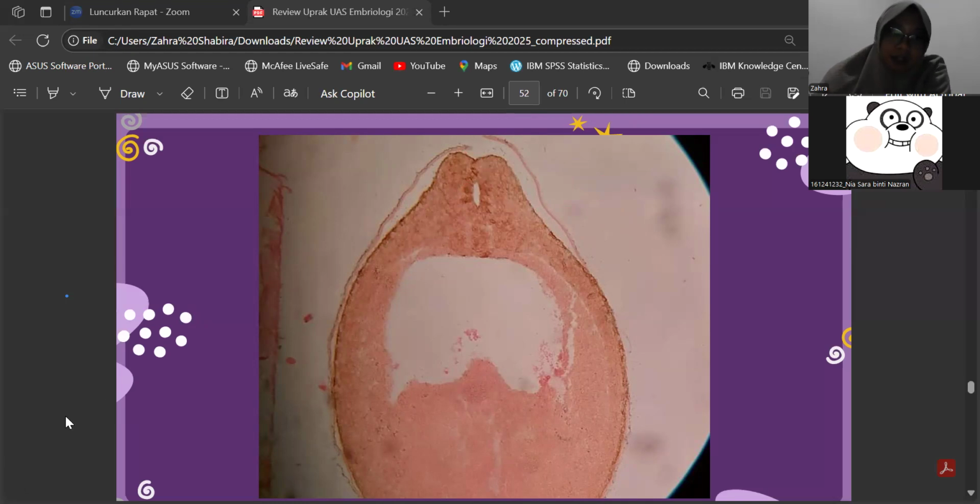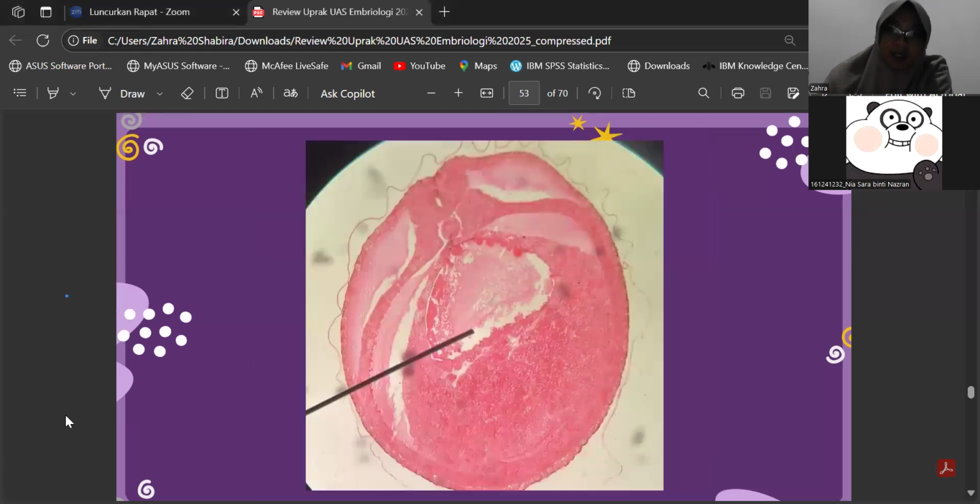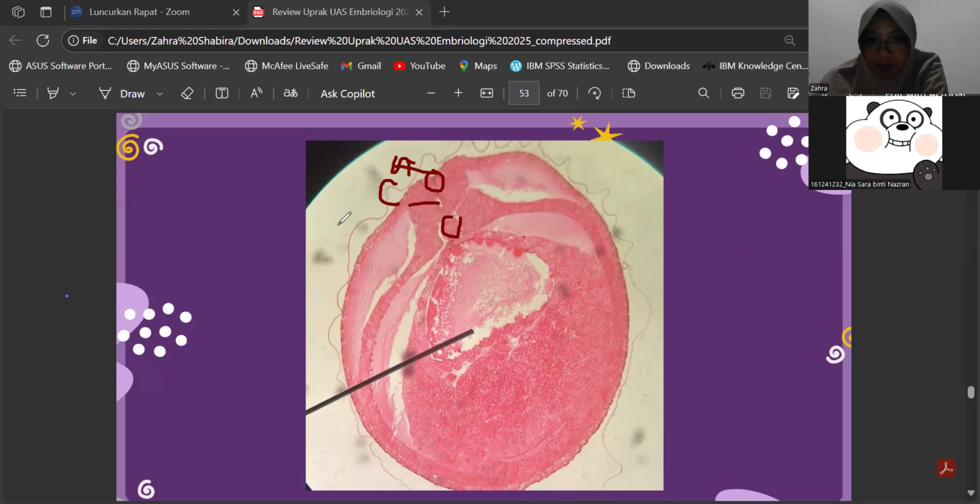Okay, this one also has a neural crest, so it is an early neural tube, because you are able to find the notochord over here and all the neural folds are attached. The point of the neural fold is the neural crest, and this is the neural canal.